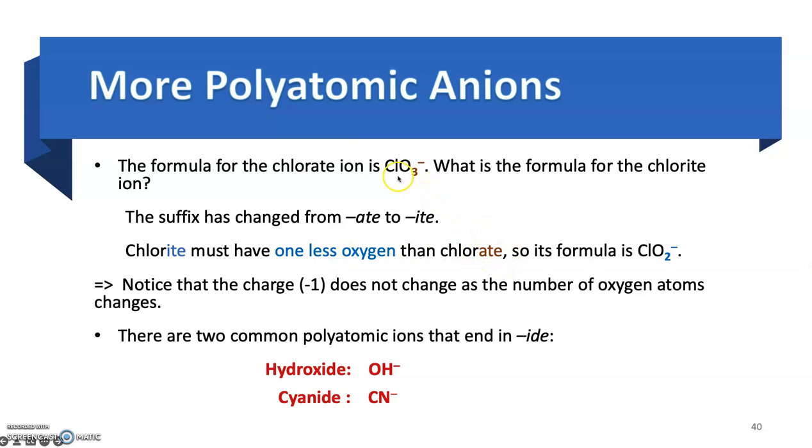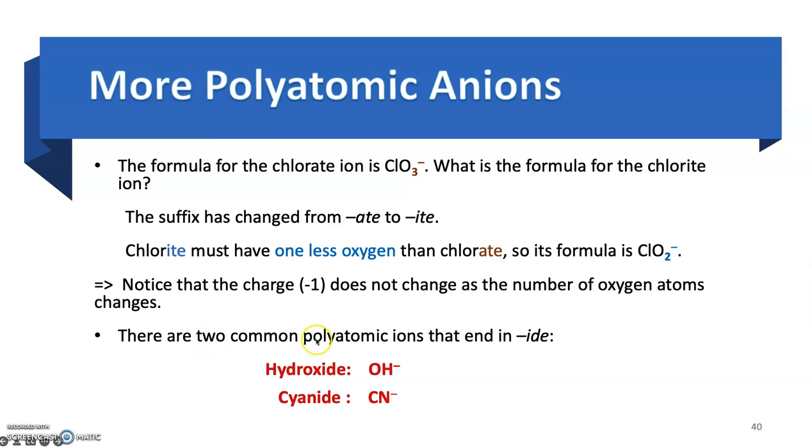Because chlorate is ClO3 minus, it has one oxygen less in the ITE ion. Therefore, the formula for the chlorite ion is ClO2 minus. Notice that the charge of minus 1 does not change as the number of oxygen atoms has changed.